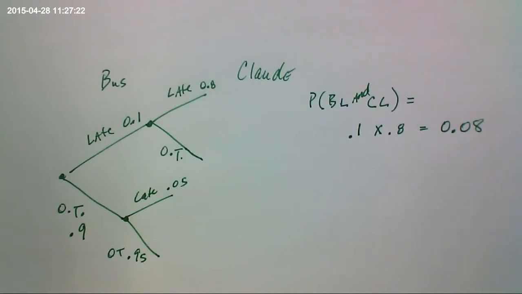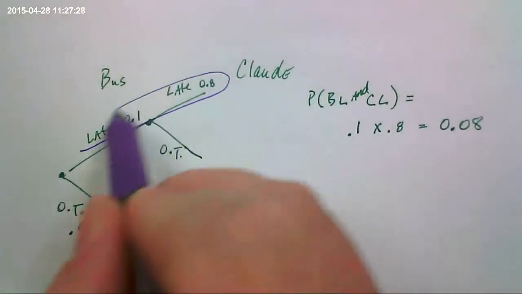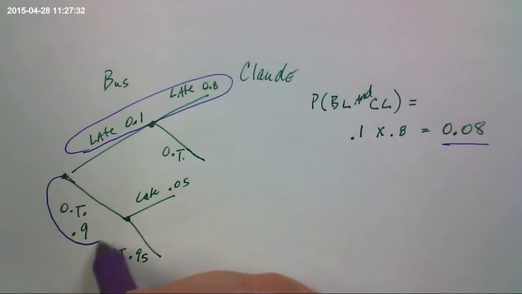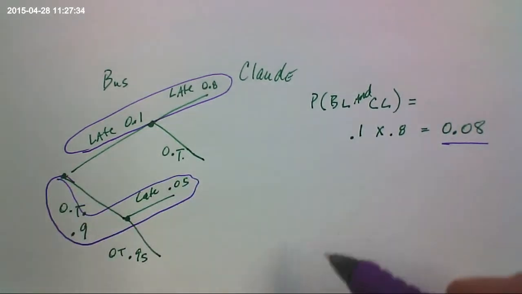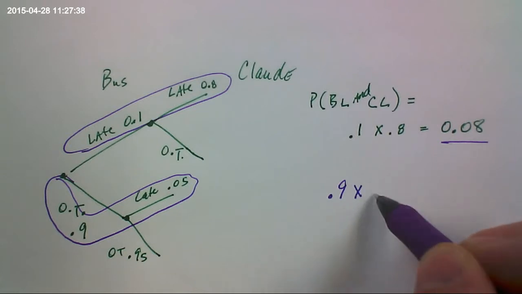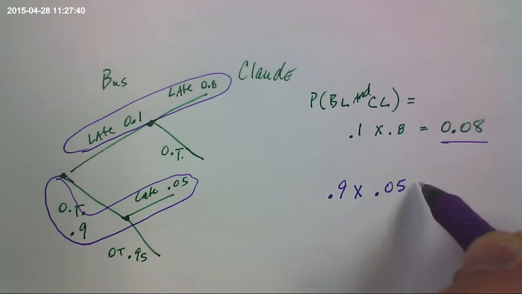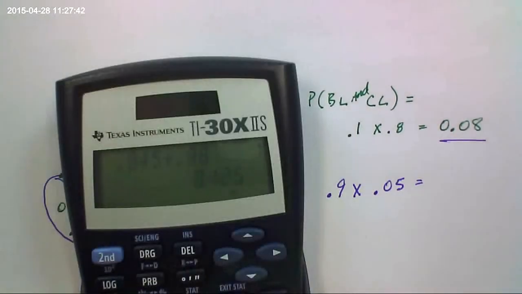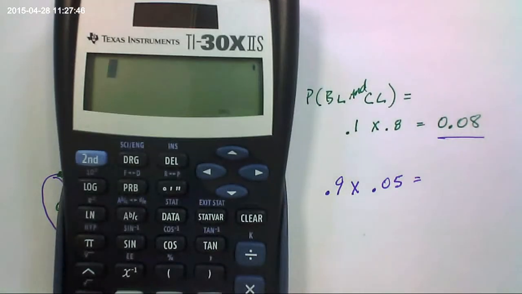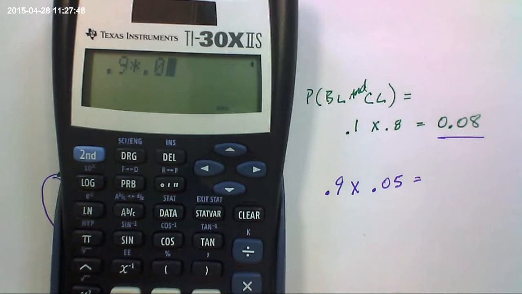Alright, so part 2 says calculate the probability that Claude is late to school. So there's two ways he could be late to school. He could be late to school along this path right here, which we found, or he could be late this way. So the other way he could be late is 0.9 times 0.05. Now, decimals are easy, those aren't hard, but I'm going to just make sure that I don't mess this up.